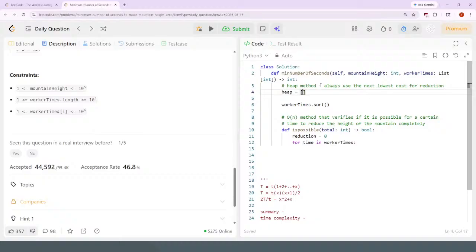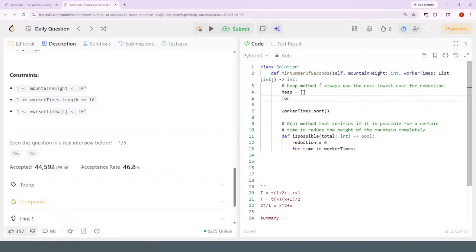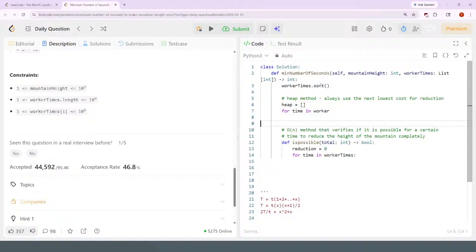So I'll have a heap for every time in worker times. Maybe I still sort. Did I sort? I probably shouldn't be sorting here.